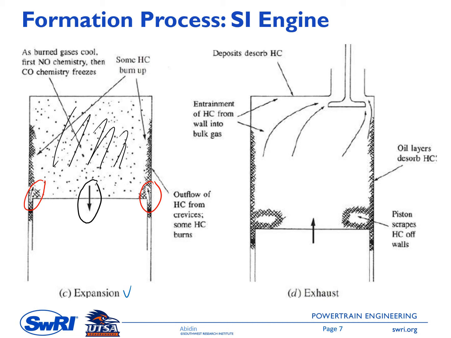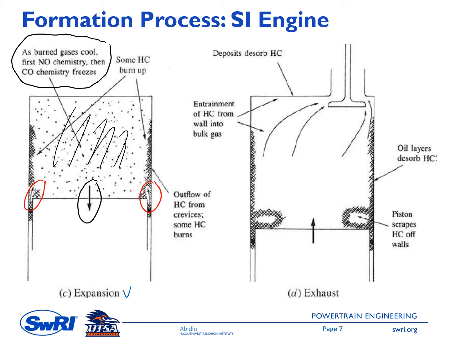some of these might stay alive throughout the remaining process in the chamber and thus will be the source of the unburned hydrocarbon. Another process that we might have here is that as the burn gases cool, first NO chemistry, then CO chemistry freezes. What is the implication of this is that the NO and CO won't be converted into other species.